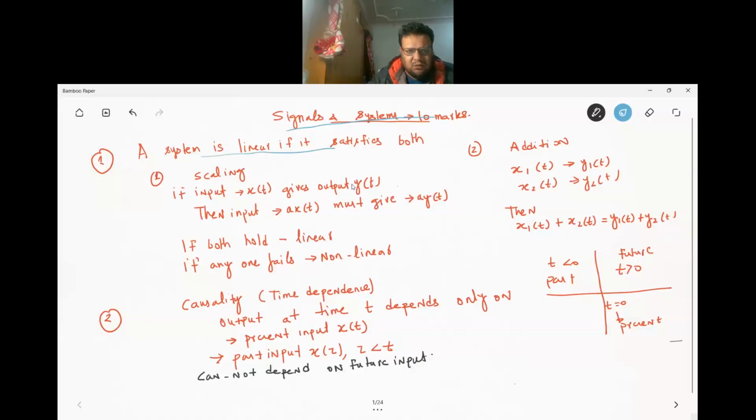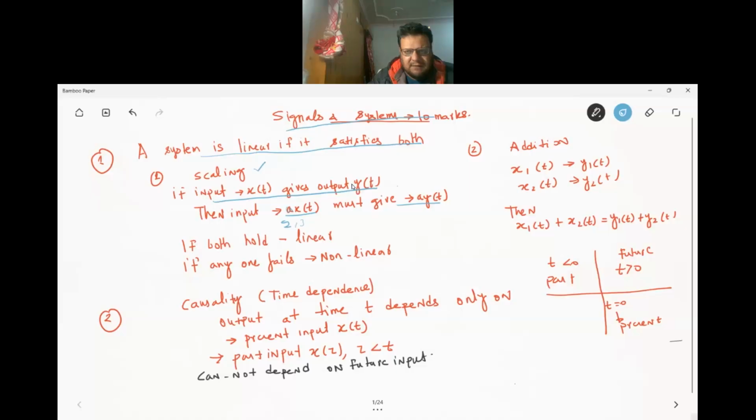So basically, when we go about the linearity of the system, we'll check two properties. If you are scaling the system, for example, if you have an input x of t giving an output y of t, then if you multiply it with any constant number, it can be 2, 3, 4, 5, any number, a x of t must give you a y of t.